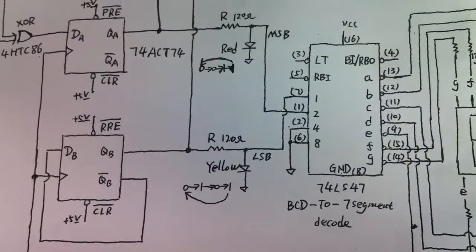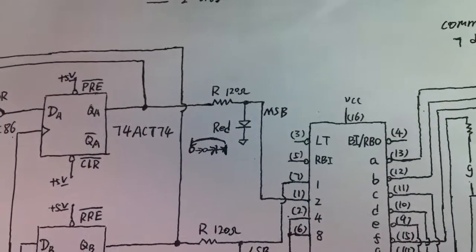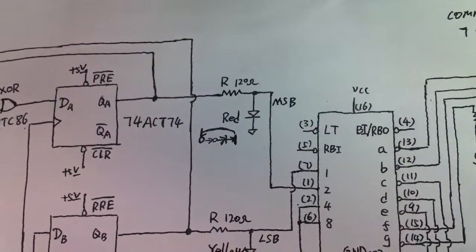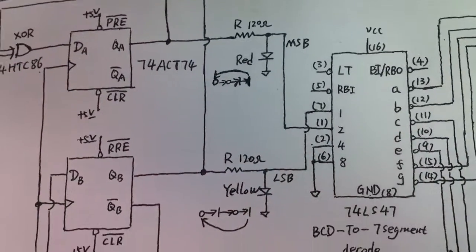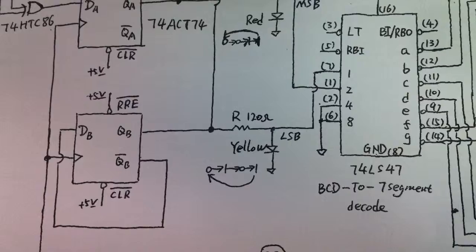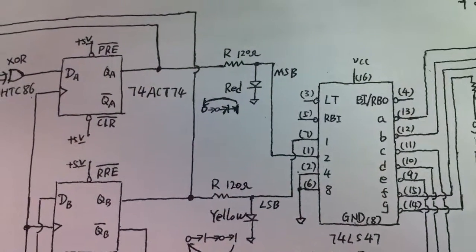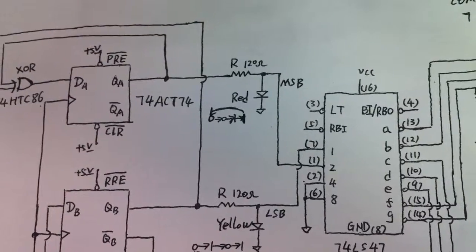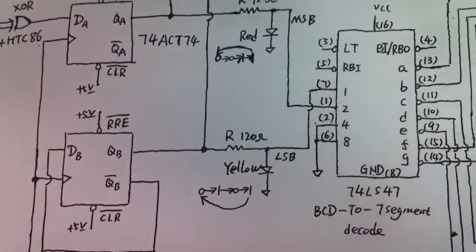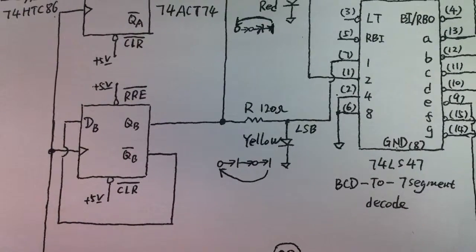In order to observe the state transition easily, we put one red LED for QA and one yellow LED for QB output. After the circuit is running, the red LED is supposed to follow the pattern 0, 0, 1, 1, and the yellow LED is supposed to follow the pattern 0, 1, 0, 1.